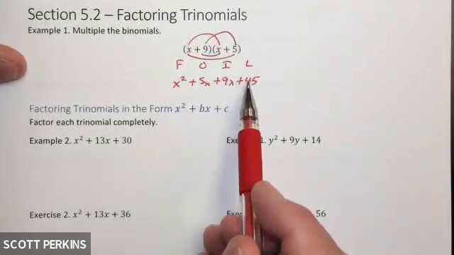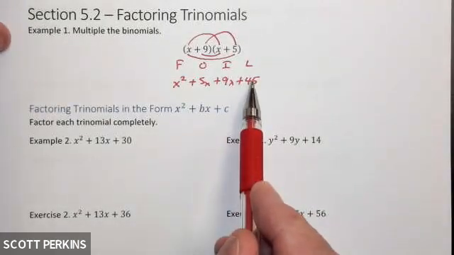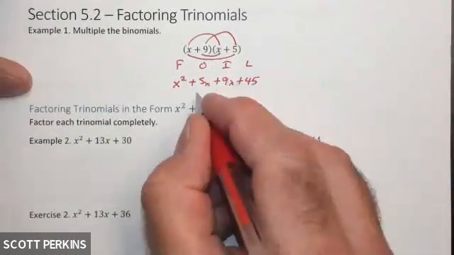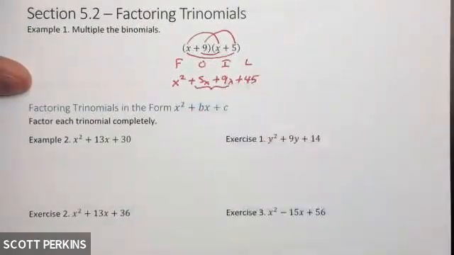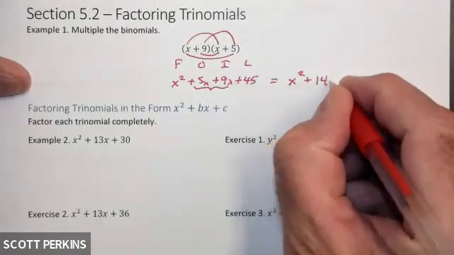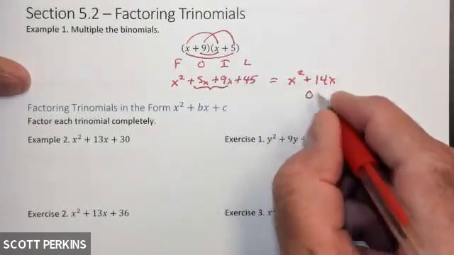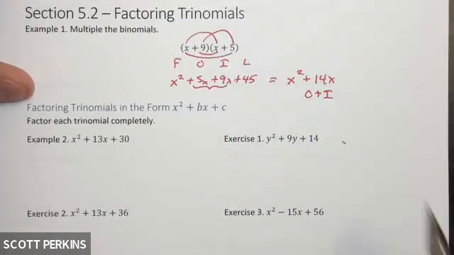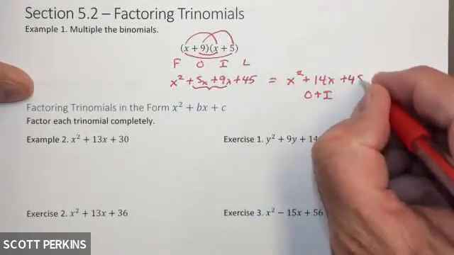Notice my firsts and my lasts, I get by multiplying the firsts and the lasts up above. And then what I'm going to get in the middle is what I get when I add together my outers and inners. So I've got x squared plus 14x, and this 14x is the OI. It's the outers plus the inners. Okay, and then plus 45.